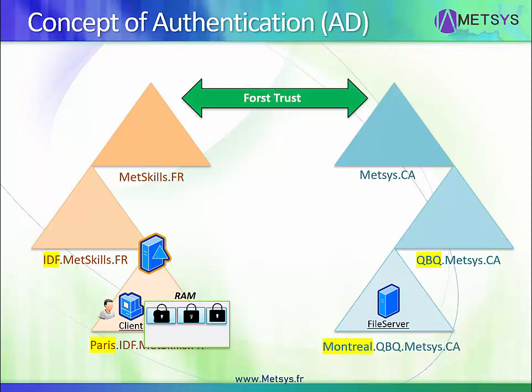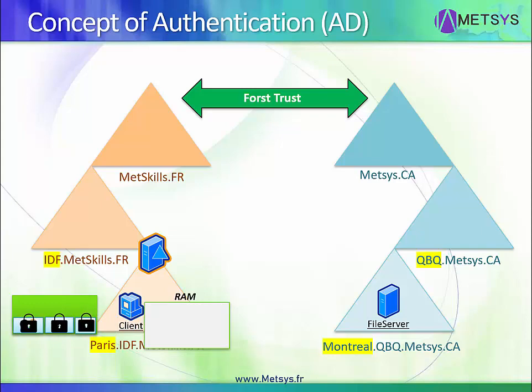In order for that to happen, we must have a forest trust between the two forests. Otherwise, it's not going to work. So we need a forest trust between these two different forests in order to fully route the client to the file server. After that, the client will form a packet, and inside the packet it will place the TGT that had already been issued by the local DC.